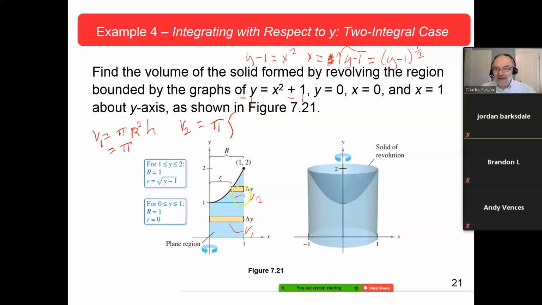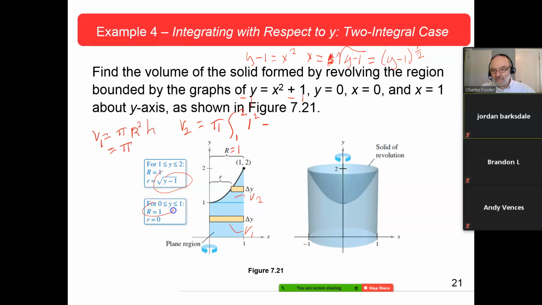Now you're doing dy's now, so y is going from 1 to 2. And your outer radius is again just 1, right? The R here is 1, just like it was down here, minus, and by the way, that's 1 squared. I'll write it as 1 squared, minus, and the inner radius is going to be this one.